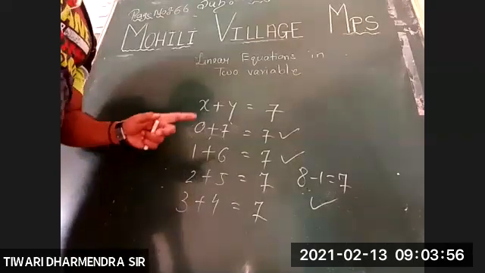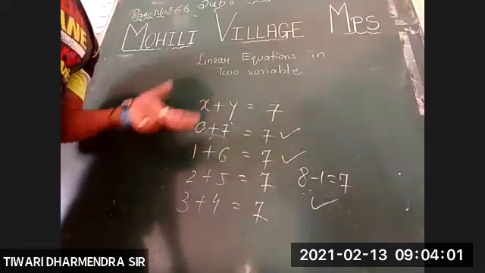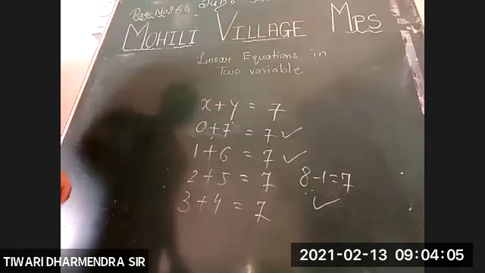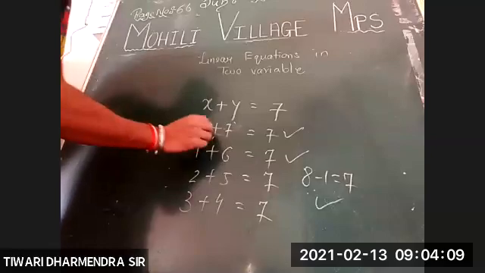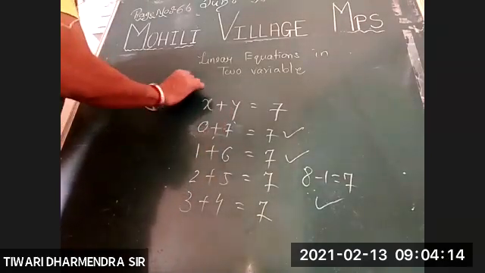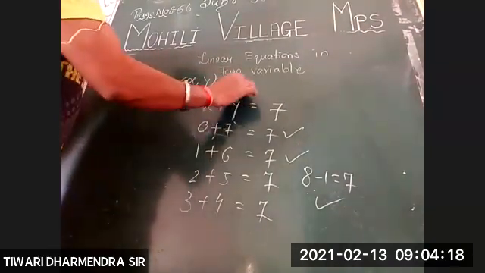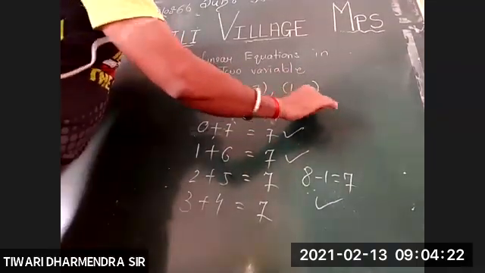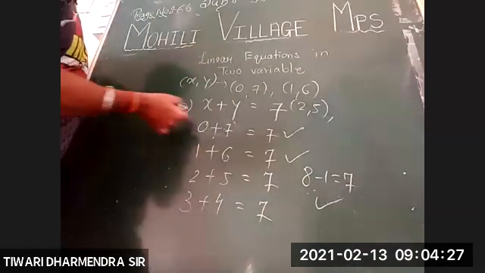Those values of a variable which satisfy the given equation are called the solution of the given equation. Now here, as we represent x and y as x comma y, the solution is of the type 0,7 or 1,6 or 2,5. Similarly, 7 comma 0 will also satisfy.